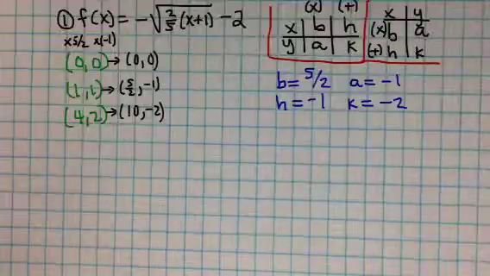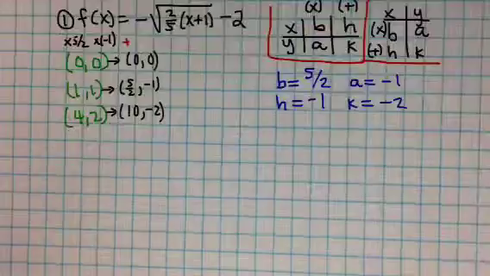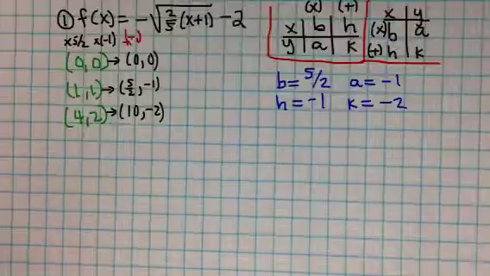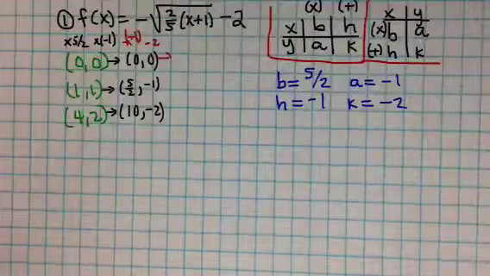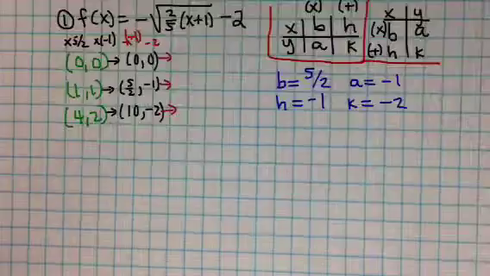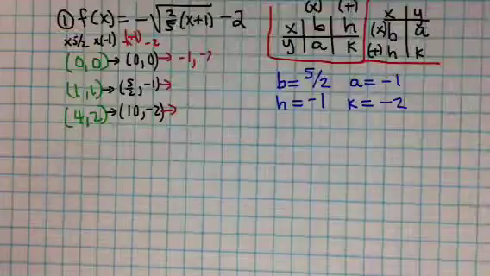So I'm going to add -1 to x, it's messy, and I'm going to add -2 to y. So the new points become -1 plus 0 is -1, and -2 plus 0 is -2.